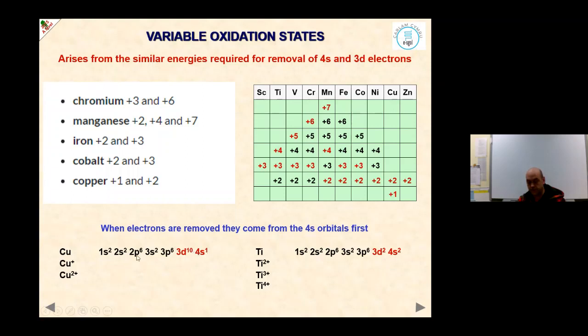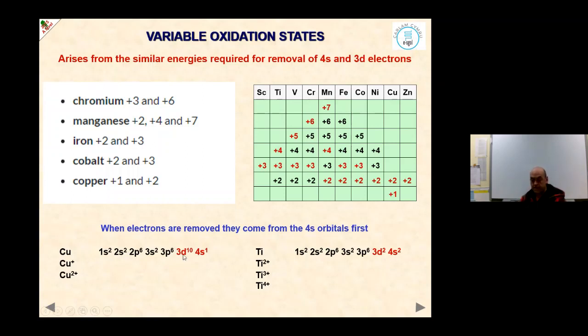So when you've written your configuration out for copper, if we were to write Cu+ or Cu2+, we're going to take the electron from here. Always remember your ions take your electrons initially from the 4s orbital. Any subsequent electrons to give the positive charge would come from your 3d orbital.